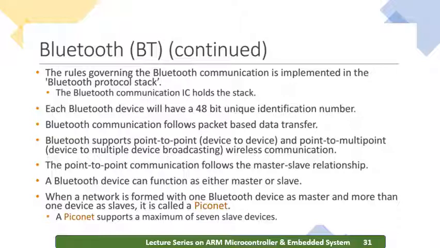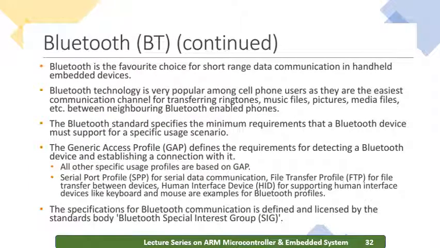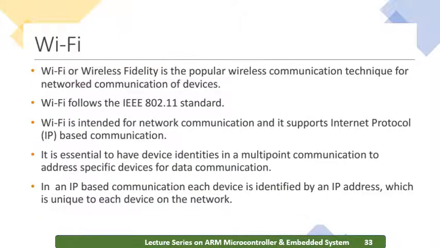It can either function as a master or it can function as a slave. Okay, when a network is formed with one Bluetooth device as a master and more than one device as slaves, it is called a piconet, and a piconet serves up to 7 slaves. Okay, so this uses the specification given by the Bluetooth Special Interest Group. Coming to the next one, that is Wi-Fi.